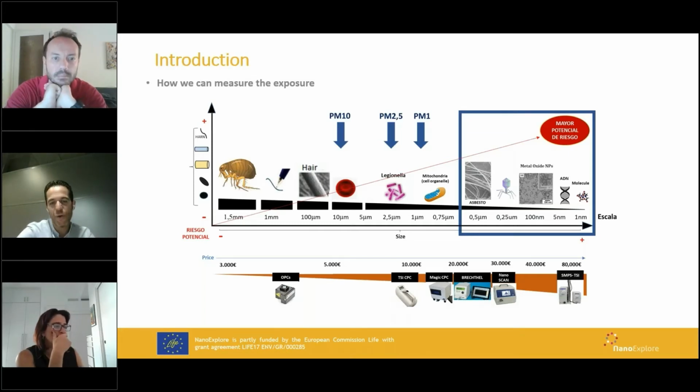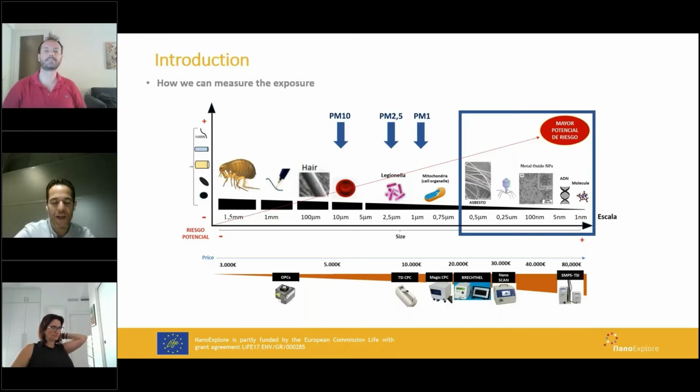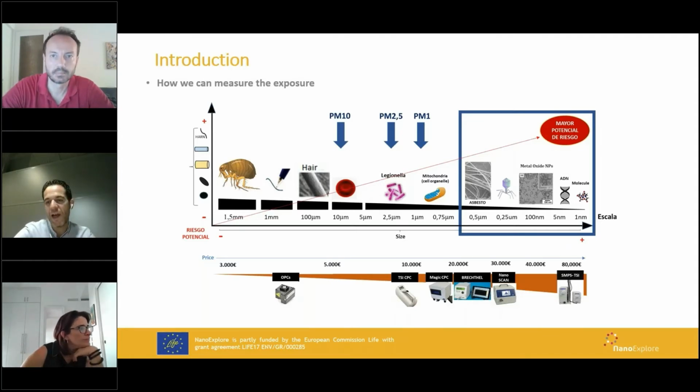There is also low-cost instrumentation like the optical particle counters, the OPCs, that cost like 400, 300, but at the end, the robustness and the reliability is different. It's not comparable to the bigger or costly instruments, but it always helps you to have an understanding of the potential distribution of the materials.